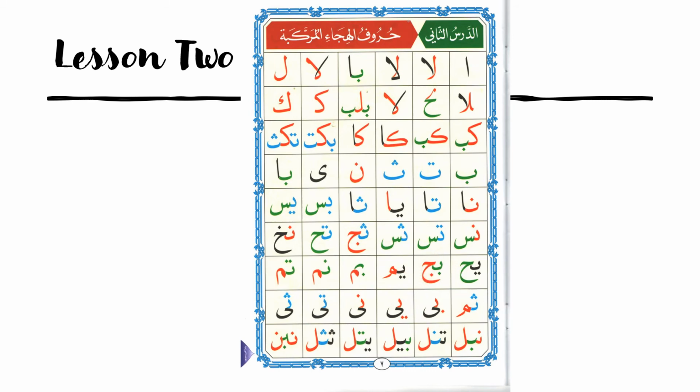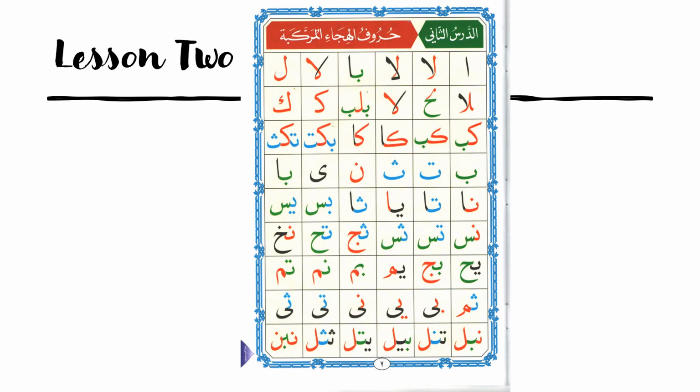So this is the shape of the mim at the end. It can be like this, or you can go down. Again, this only differs because it's calligraphy and it's written with some degree of beauty. If you use the computer, it will always go down like this.